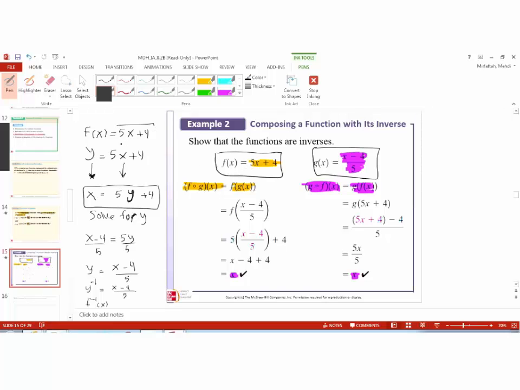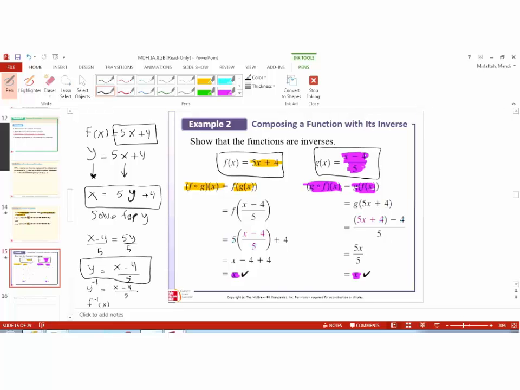If f of x is 5x plus 4, and I replace x with y, y with x, and solve for y, what I find would be the inverse of the other one, which is right there. And if I find the composition of f with g, or of g with f, it turns out to be x. That would be another test for whether they're inverses of each other.